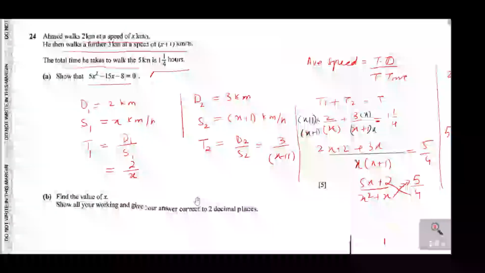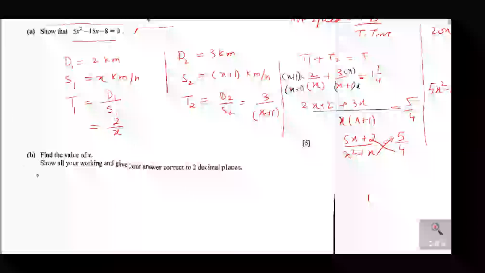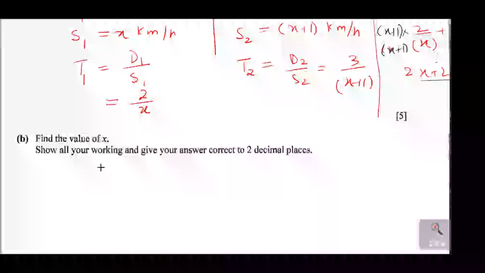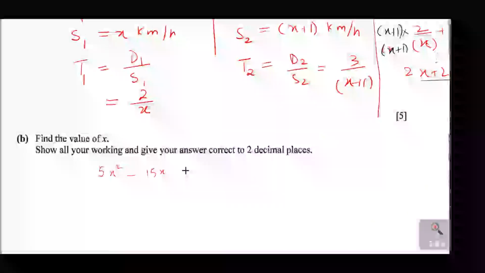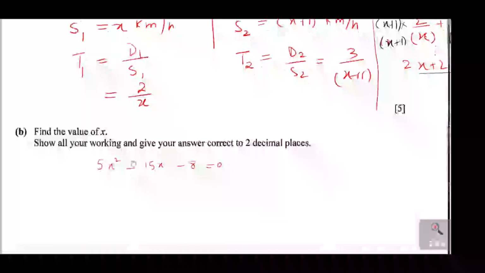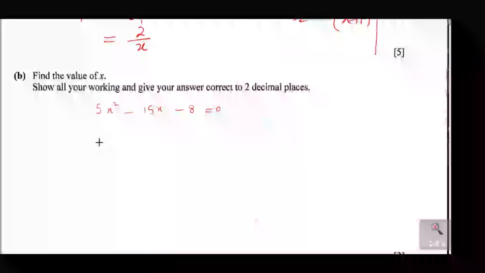Next, part B, find the value of x. Show all your working, give your answer correct to 2 decimal places. Look here, the equation here is 5x squared minus 15x minus 8 equal to 0. We can solve this quadratic equation by using the quadratic formula.